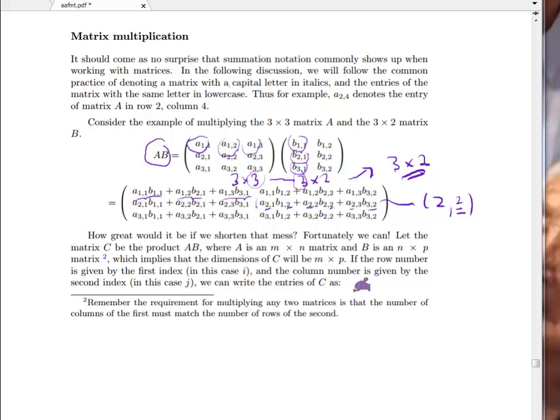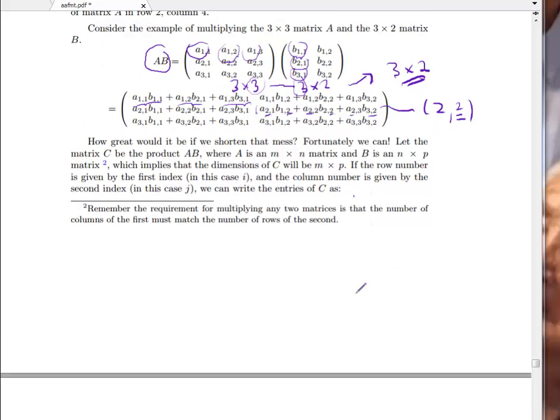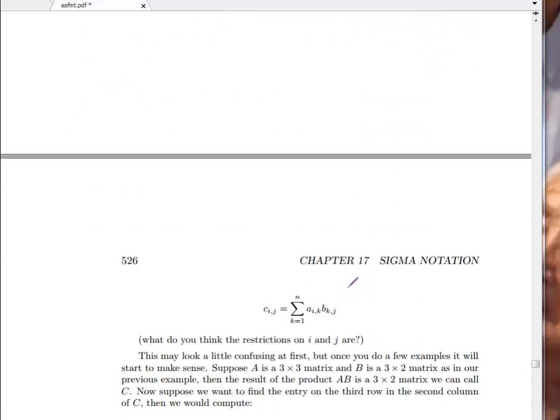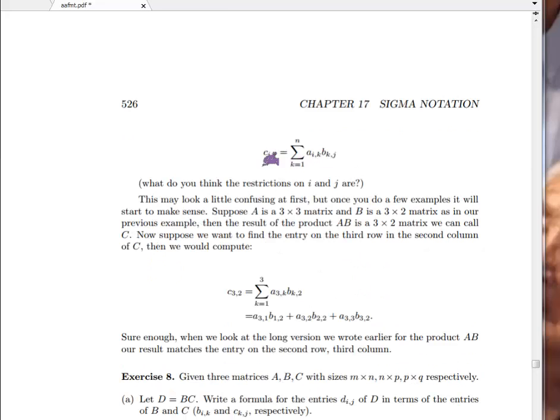Okay, so how are we going to systematize this? Cij is the ijth position of the product.